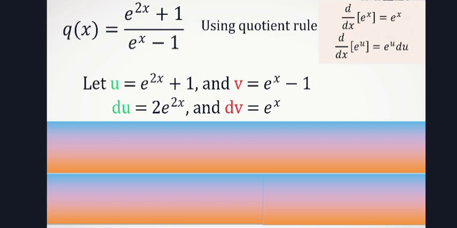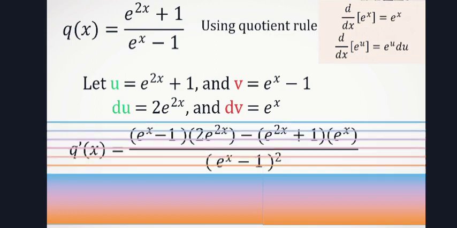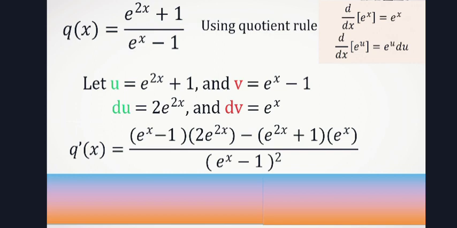Derivative of your function is equal to v du minus u dv all over v squared. Substitute natin sa formula. So what is our v? That is e raised to x minus 1 times your du, 2e raised to 2x minus your u, e raised to 2x plus 1 times dv, that is e raised to x all over the square of your denominator.